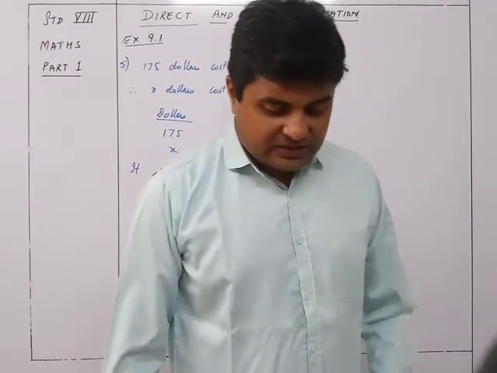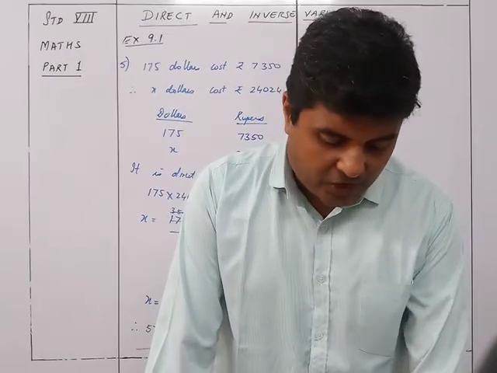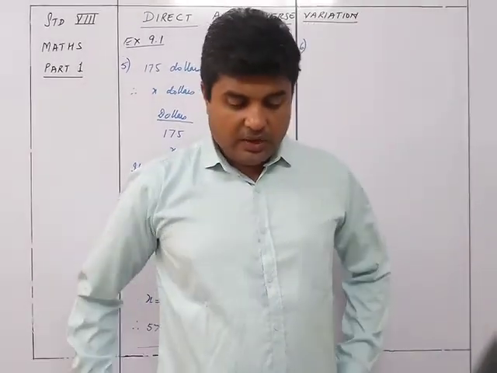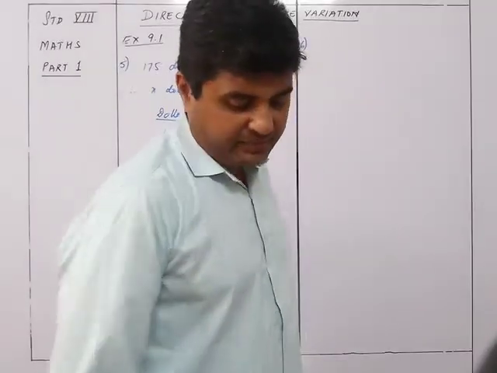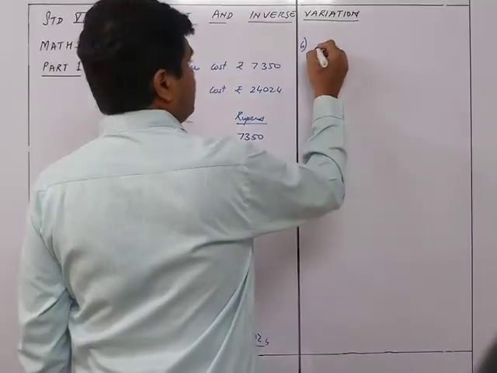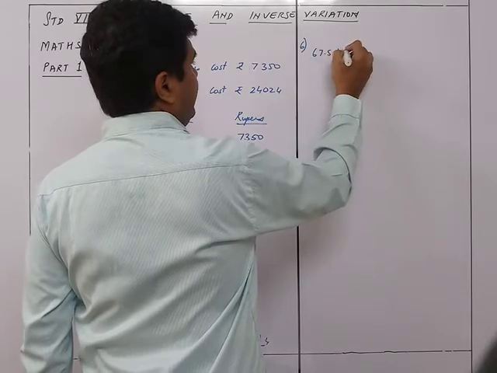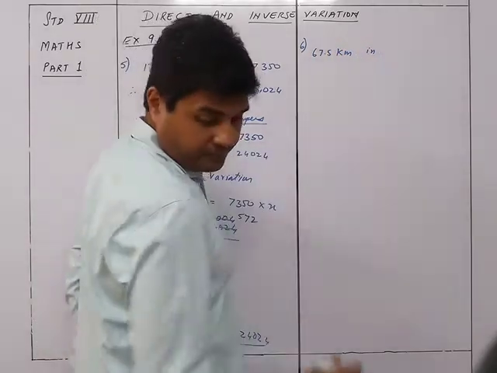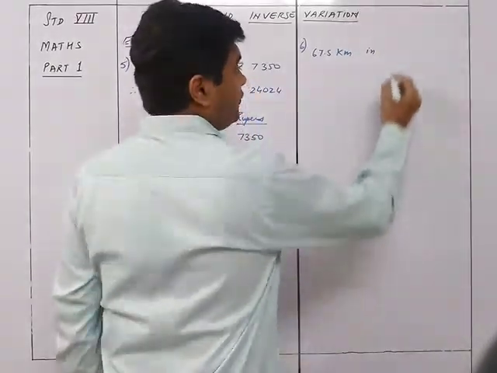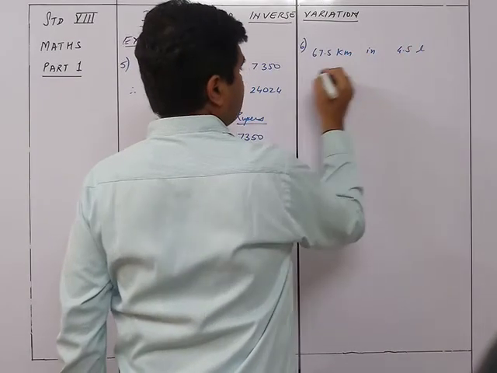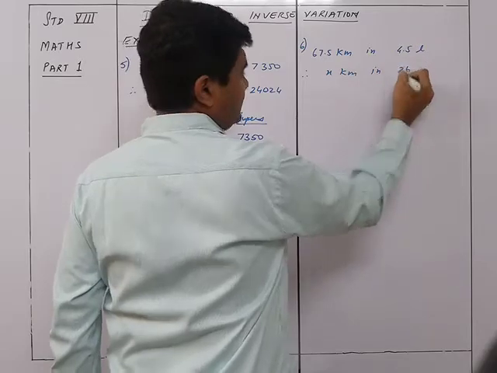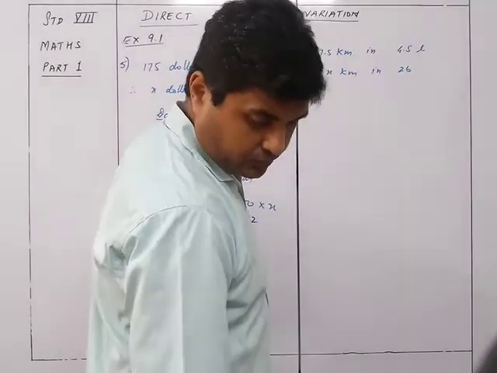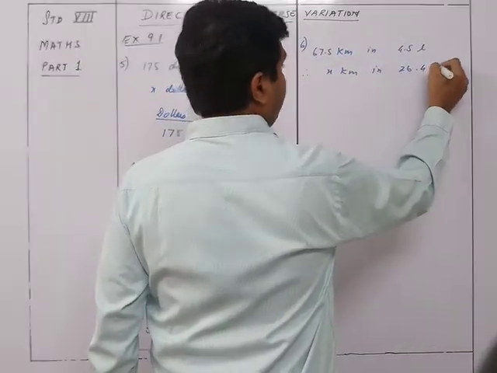If a car travels 67.5 kilometers in 4.5 liters of petrol, how many kilometers will it travel in 26.4 liters of petrol? So again the same thing. You can say over here that 67.5 kilometers in 4.5 liters, therefore X kilometers in 26.4 liters.